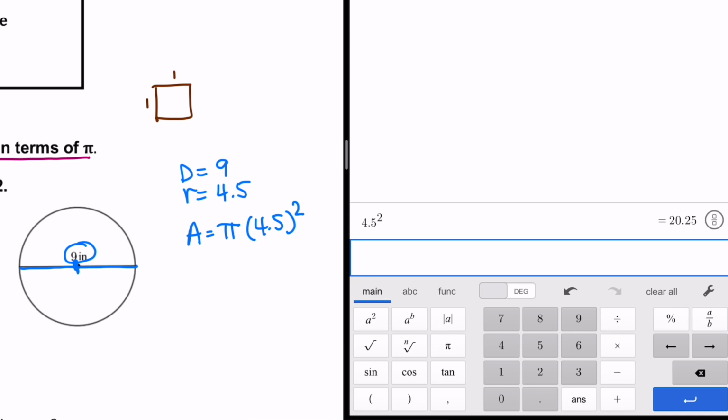If I take 4.5 squared, I get 20.25. So this would be pi times 20.25. Remember, we want to put the number first and then the pi symbol. So this would be 20.25 pi. They have inches here, so when you're finding area, it's going to be your units squared.